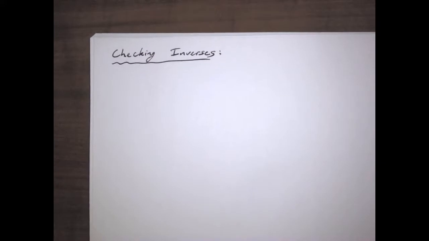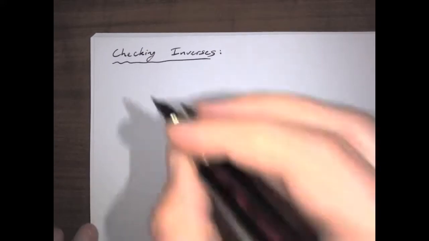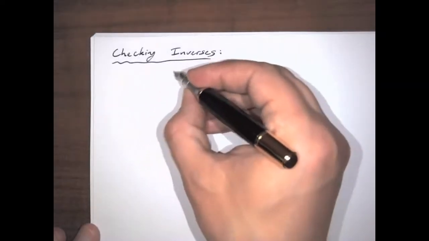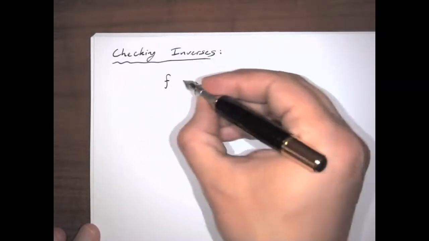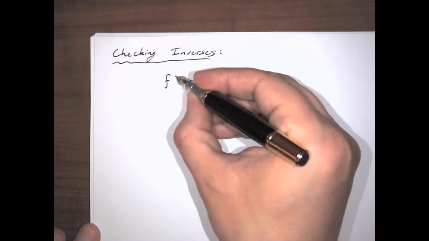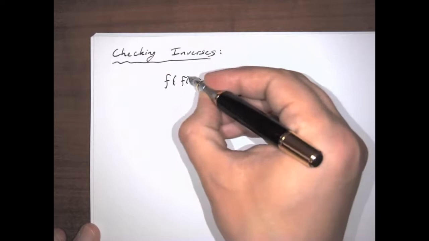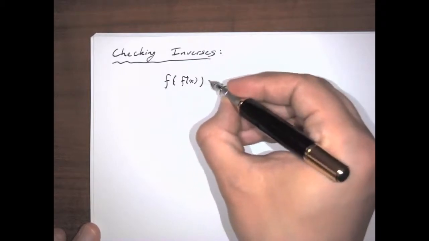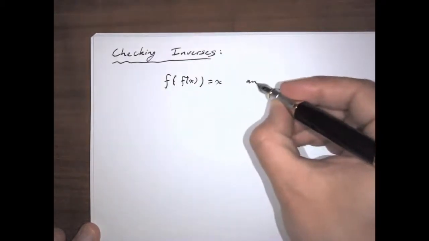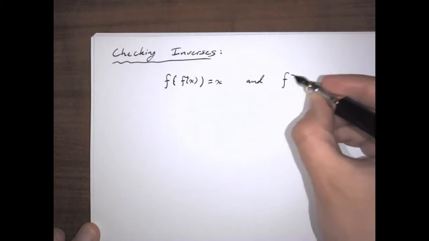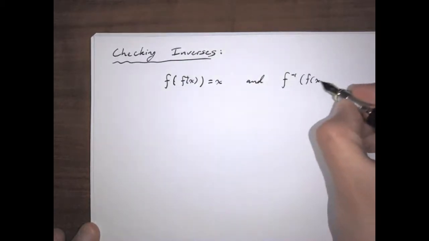So the way to check an inverse, if somebody hands you one, is to just put in the composition of functions. So f of f inverse of x should equal x, and f inverse of f of x should equal x.